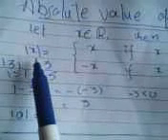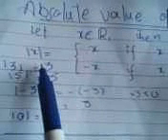Now you conversely suppose that mod of x is equal to 0. Conversely, suppose mod of x is equal to 0, then according to the definition, watch out the definition. If x is greater than or equal to 0, two cases are there. If x is greater than 0 or if x is equal to 0, then this mod of x will return the same x.